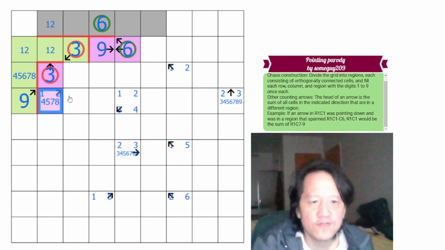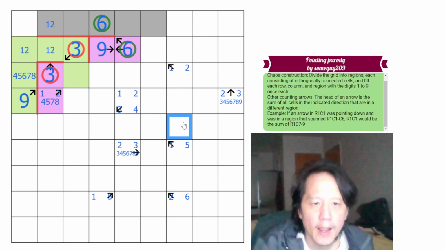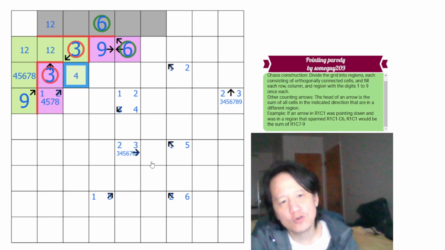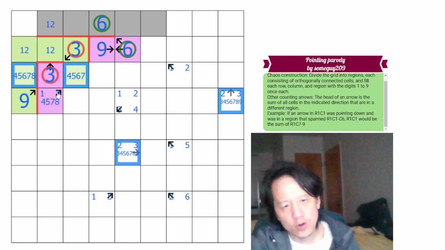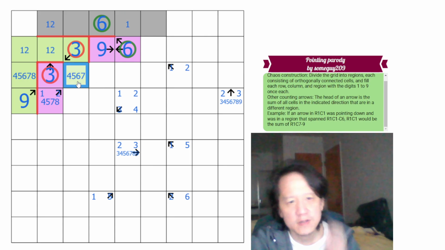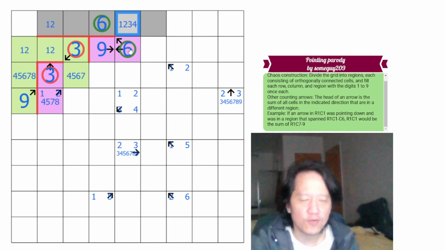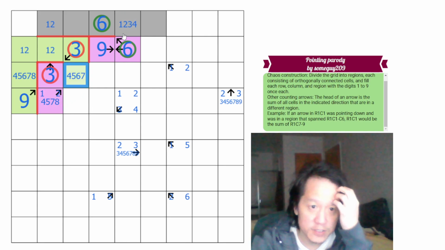If it's 4, okay, so say this was green, this would have to be at least 4. So this would be 4 or 5 or 6 or 7. If it's 4, this could be 5, and that could be 1. Or this would have to be 1 through 4, to add up to potentially 8.